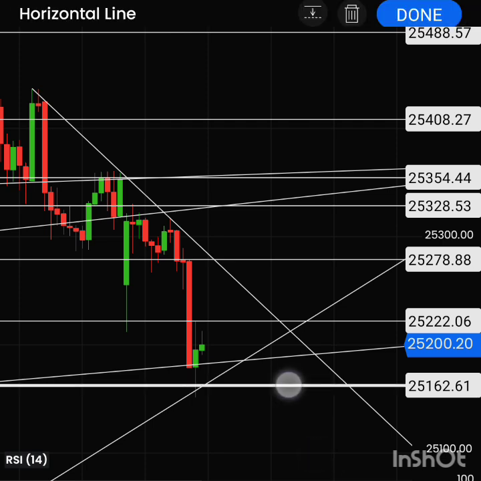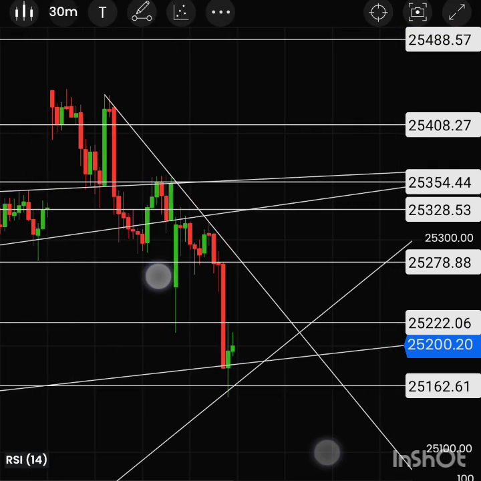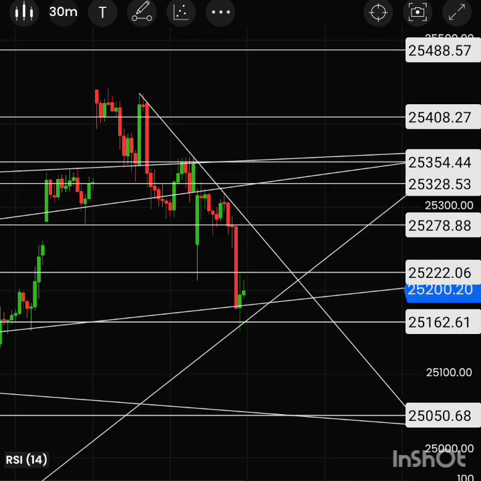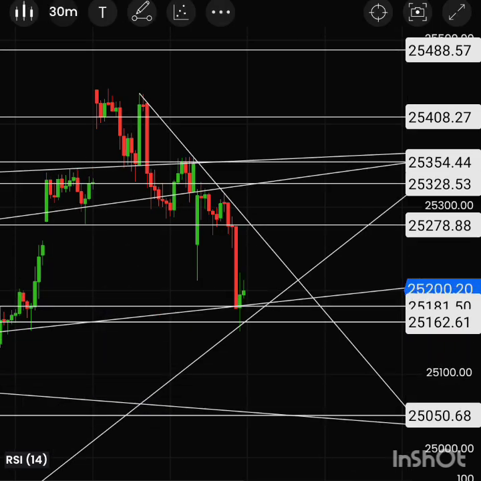If we fall below this, then we will have a downside movement, and the downside target is around the 25,055 to 25,050 range. Here the trend line support is coming around the 25,052 range, 52 to 55 range.